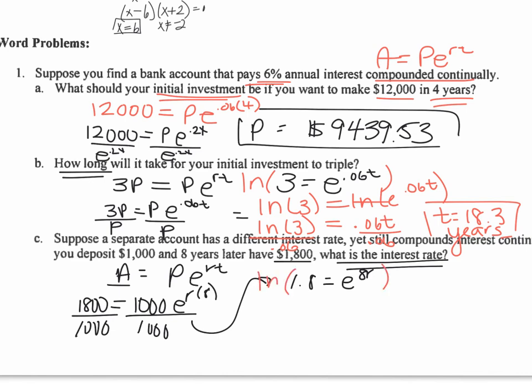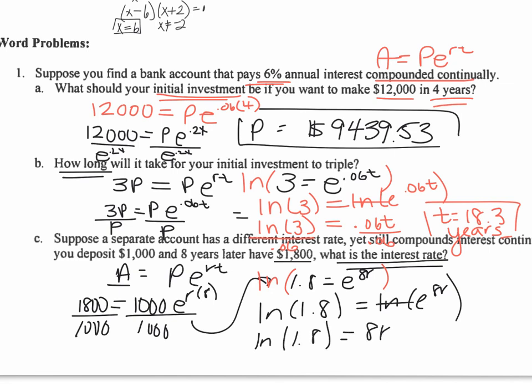So I have ln of 1.8 and ln of e to the 8r. ln and e cancel out, so I'm left with ln of 1.8 equals 8r. Now I'm going to divide by 8 on both sides. So r equals ln of 1.8 divided by 8.